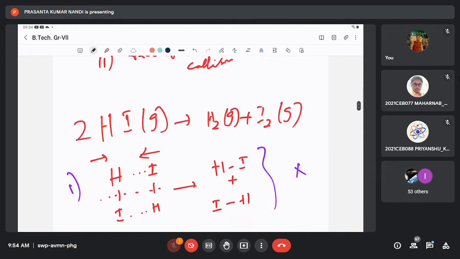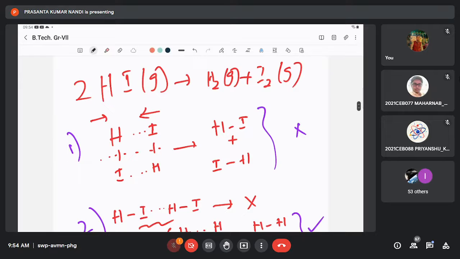Now another important chemical reaction that you are familiar with, although it is not a chain reaction, as we already discussed. You see how HI molecules decompose to produce H2 and I2.